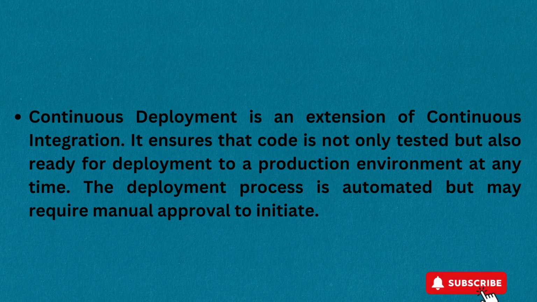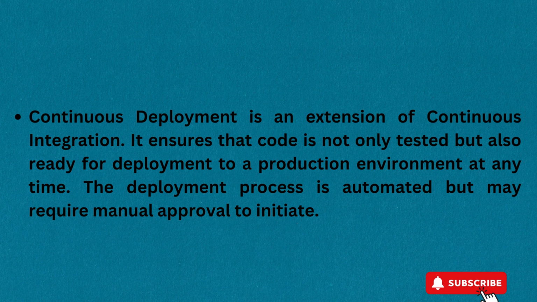Continuous deployment. Continuous deployment is an extension of continuous integration. It ensures that code is not only tested but also ready for deployment to a production environment at any time. The deployment process is automated but may require manual approval to initiate.